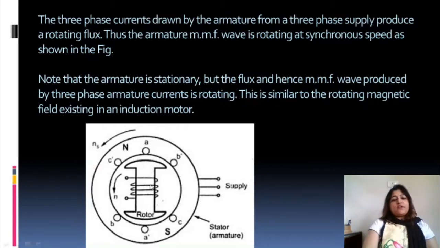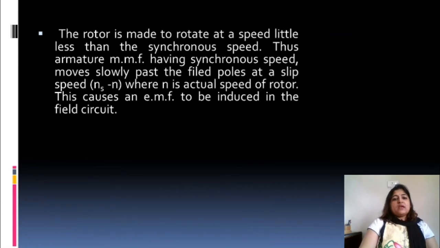Alright, so the rotor will be rotating at some speed near synchronous speed, and the rotating magnetic field will be rotating at synchronous speed. So there will always be a difference in speed. The speed of the rotating magnetic field and the speed of the rotor will be different, and the difference between the two speeds is called slip. So we set the speed of the motor in such a way that it is slightly lesser than the synchronous speed.